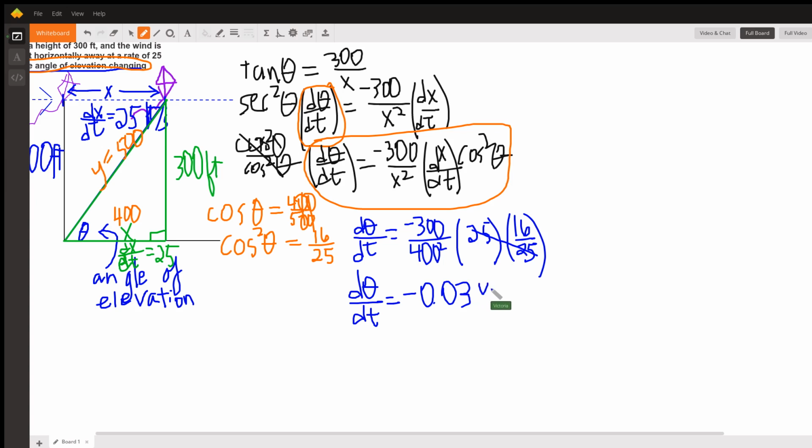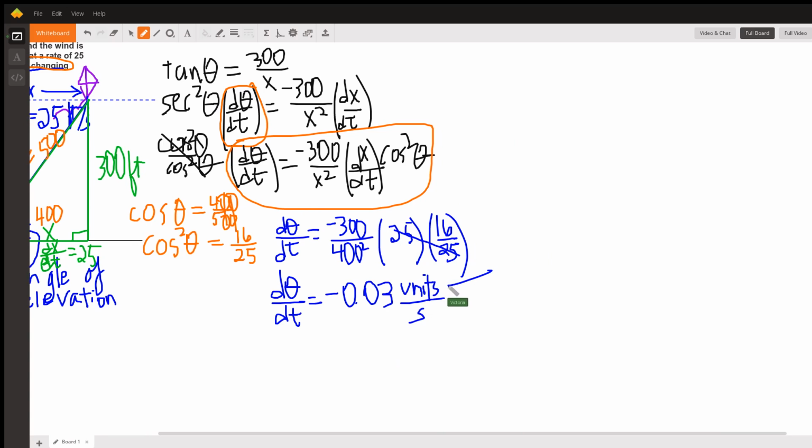So I'm just going to say units per second, where you have to know that these units are either radians or degrees, depending on what units you need to use. And so there's our answer.